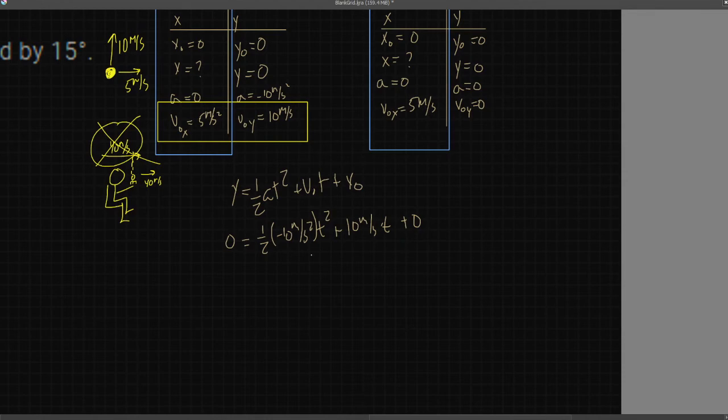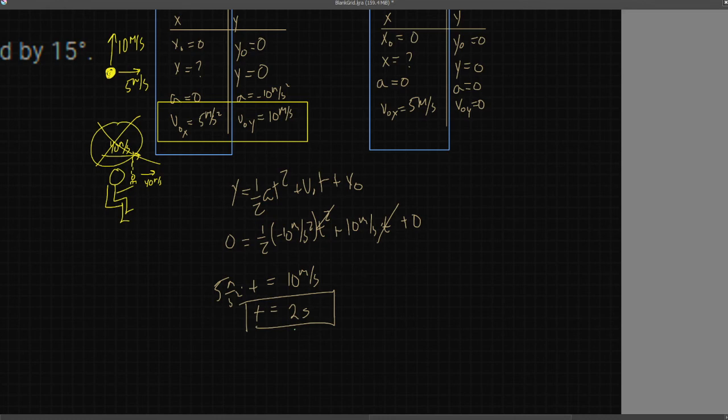I'm going to get rid of one of these t's just to make things easier. I'm going to move that over here, so that's going to become 5 meters per second squared times t is going to be equal to 10 meters per second. T then must be 2 seconds.